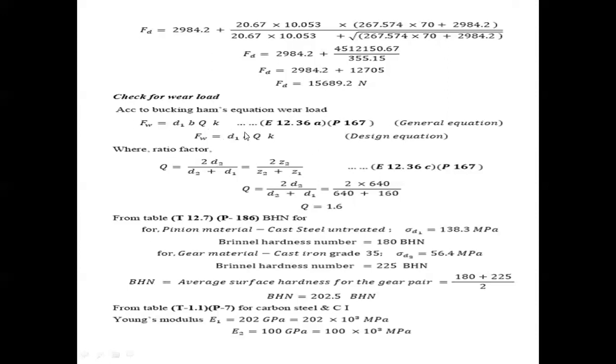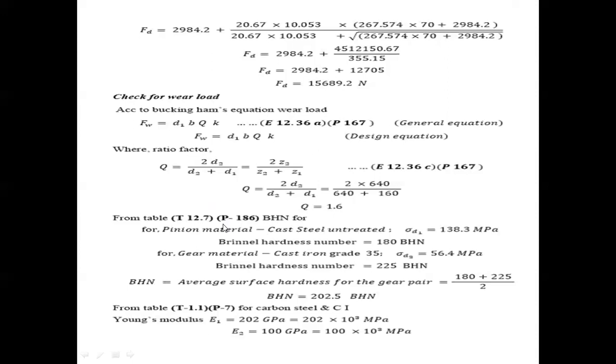The next thing is K, the load stress factor. Before that, I have to check the Brinell hardness number for the pinion as well as the gear material. Here the material is given: cast steel for pinion and cast iron for gear.